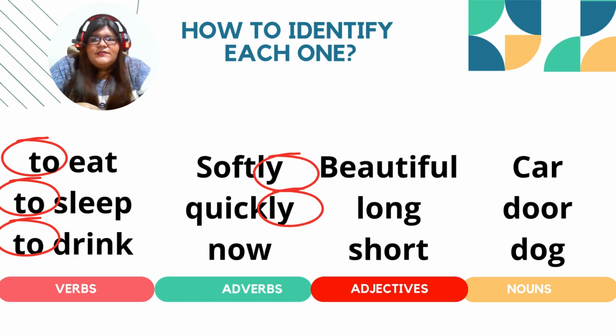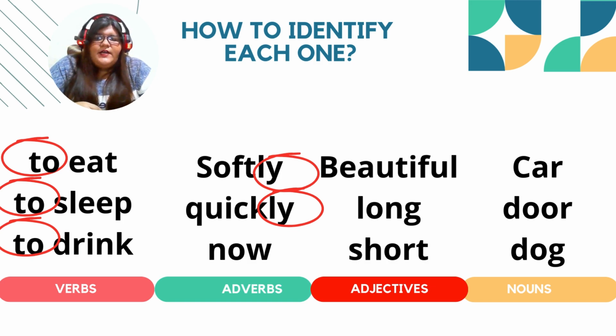And they will always be next to the preposition to, we can say, right? To eat, to sleep, to drink. It's an easy way to identify them. But don't worry, and try to memorize verbs because there are many, many verbs.